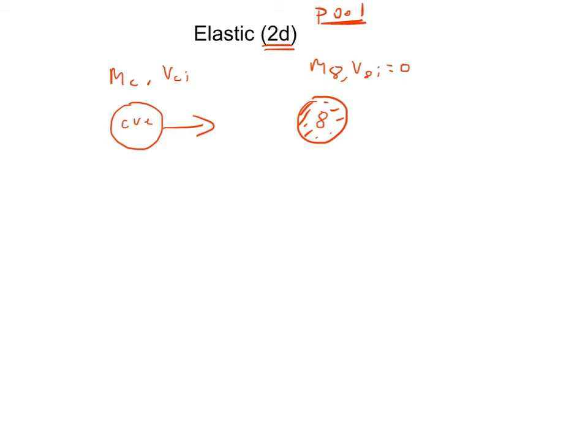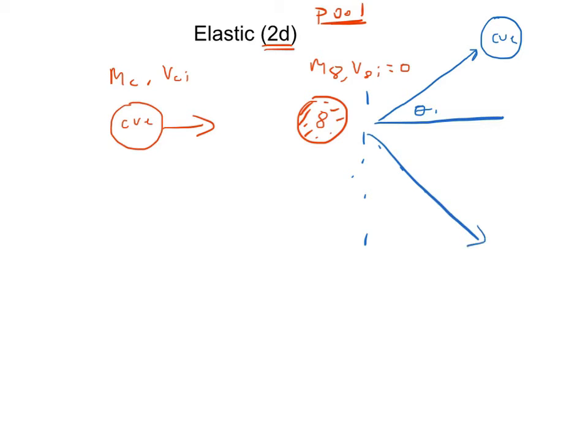And when we hit the 8-ball, the cue ball is going to bounce off at some angle to the horizontal, so we'll call that theta 1. And here's our cue ball. And the 8-ball is going to go off at some other angle, theta 2. And there it is.